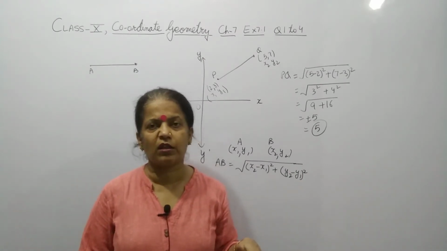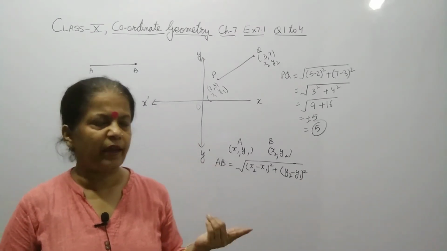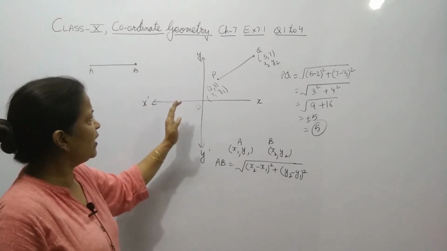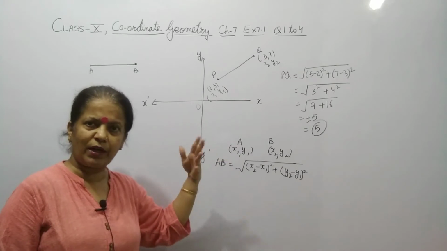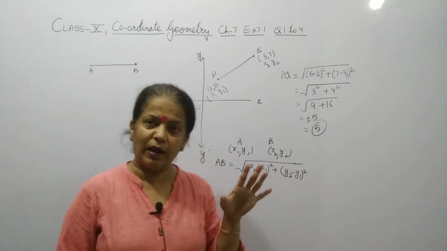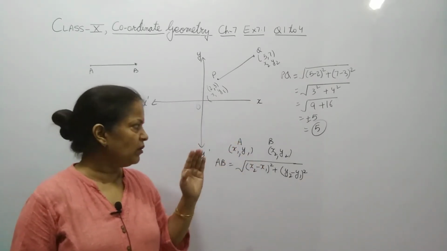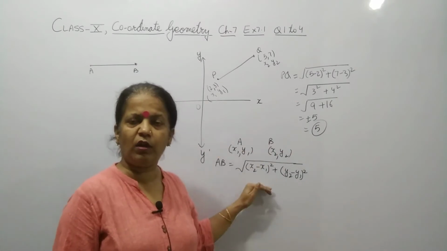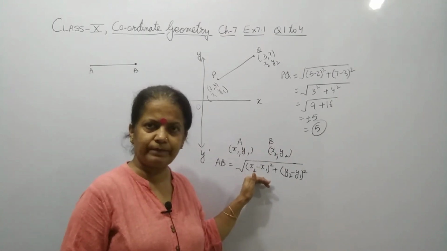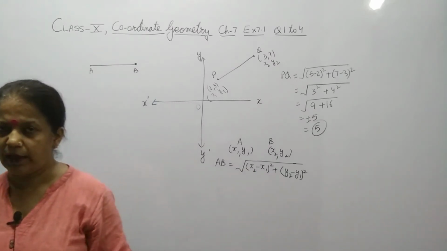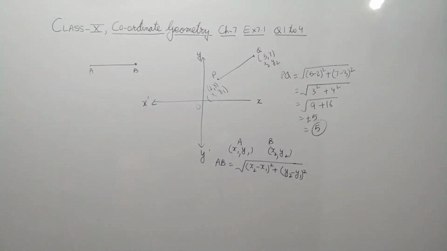The distance between any 2 coordinates cannot be negative. The coordinates can be in this quadrant also, this quadrant, it can be anywhere, but it should have the coordinates. Then only you can apply this formula. Now let's go for the exercise.